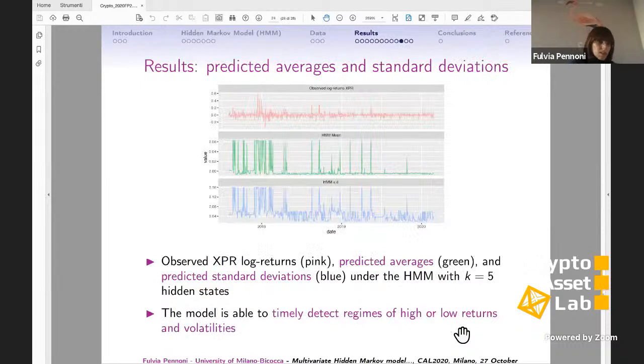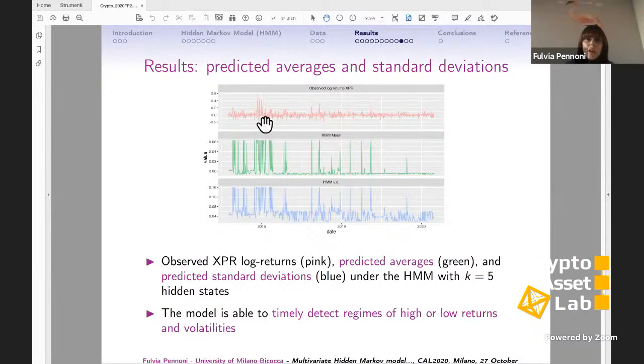Another important result that we produce with this model is the predicted average and standard deviation, so that we can make daily predictions.